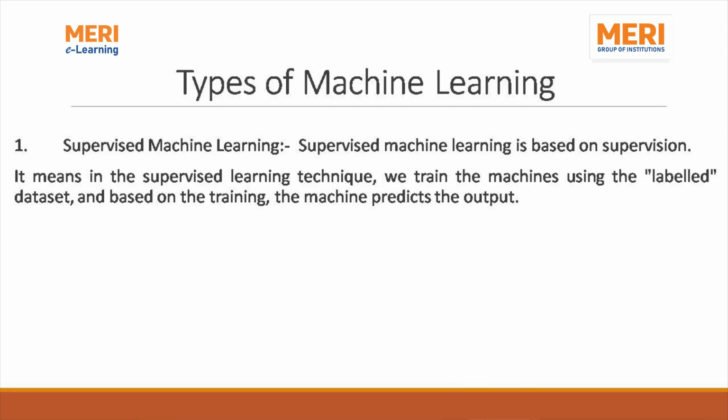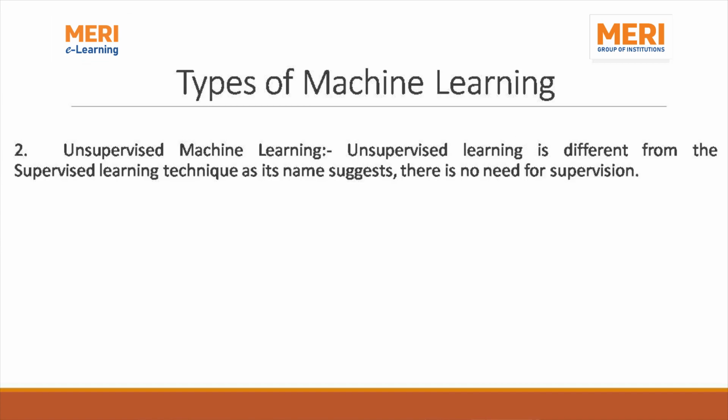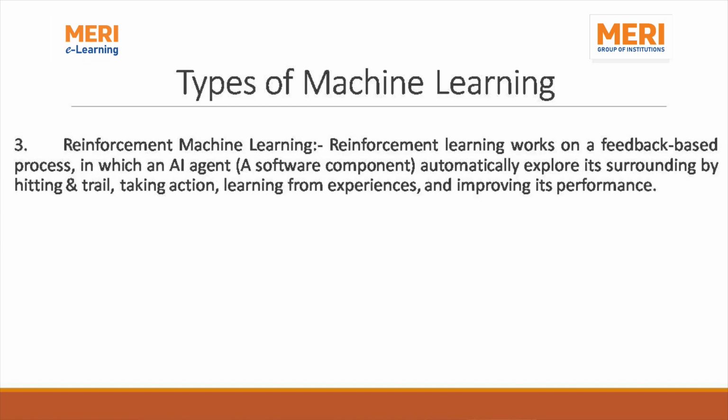We have 3 types of machine learning. First is supervised machine learning. In supervised machine learning, the learning is based on supervision, so someone supervises that particular type of learning. Second is unsupervised machine learning, where there is no supervision for the learning.